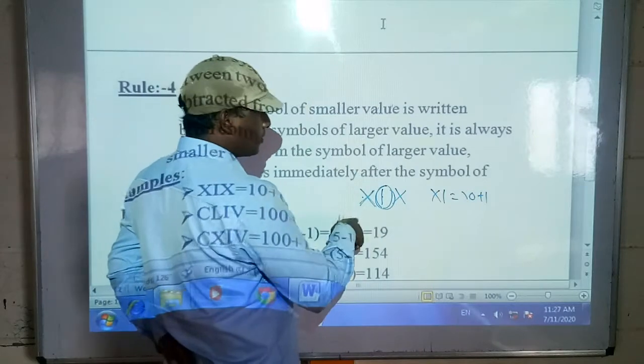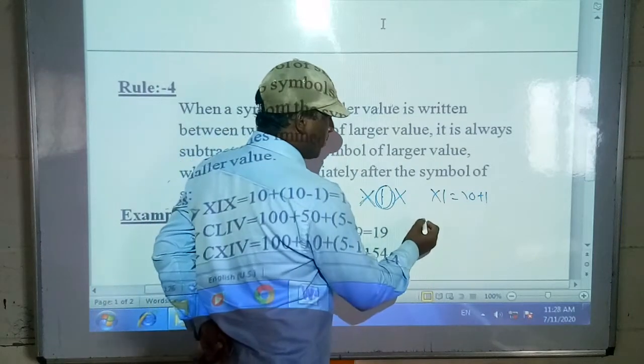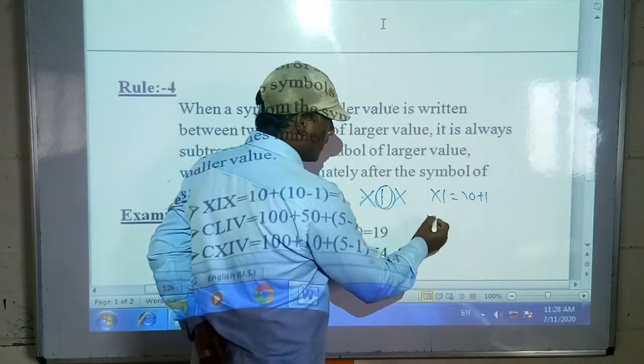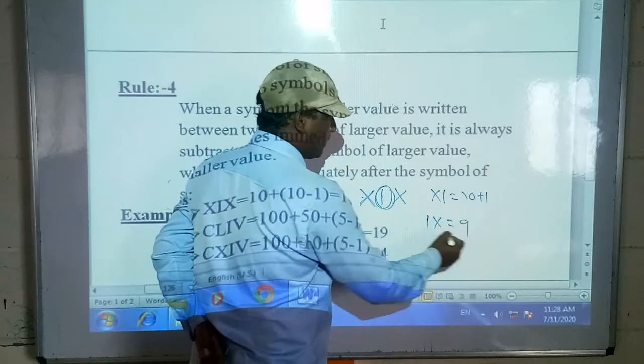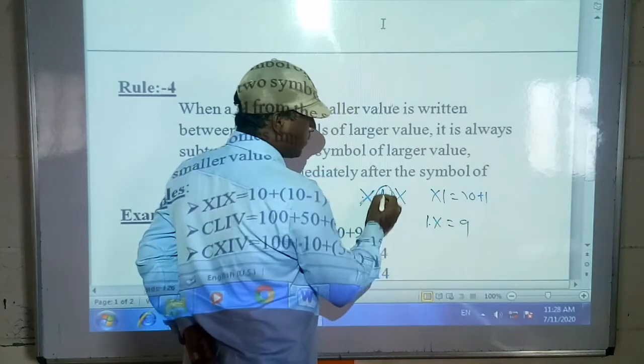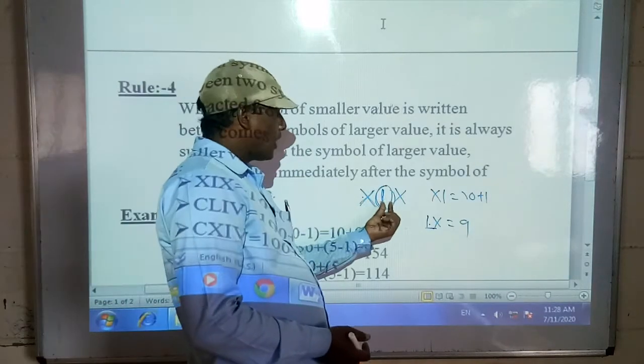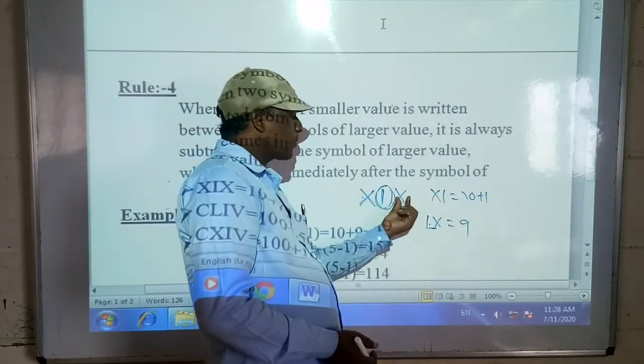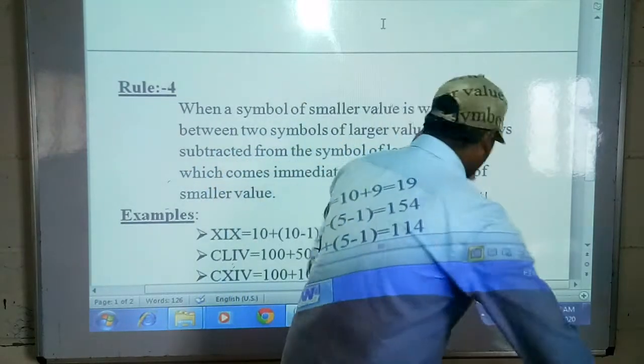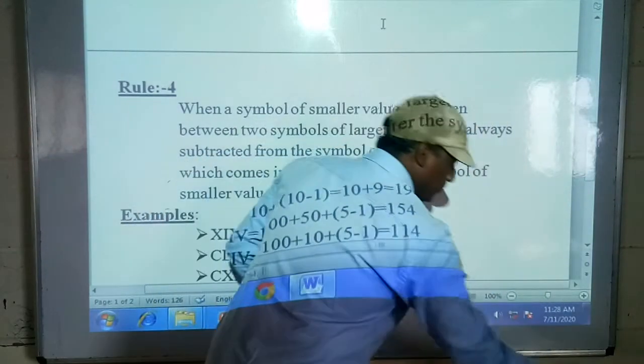But by the fourth rule, IX means 9, because if the smaller value is on the left side, you subtract. Now the 1 could add to this or subtract from that, and you get confused. So don't be confused about this.